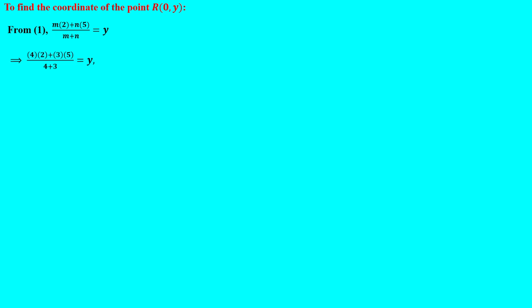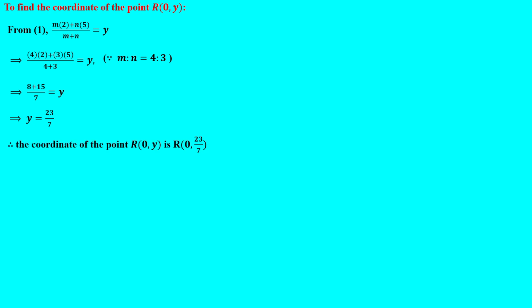We know M is to N equals 4 is to 3. So substituting M equals 4 and N equals 3, (4 into 2 plus 3 into 5) by (4 plus 3) equals y. Therefore (8 plus 15) by 7 equals y, so y equals 23 by 7. Therefore the coordinates of the point R are (0, 23/7).